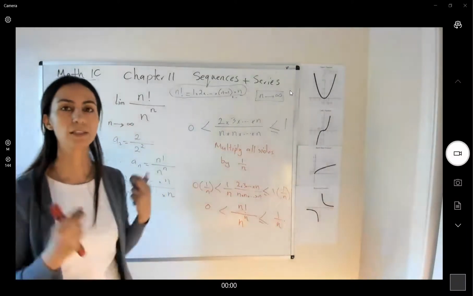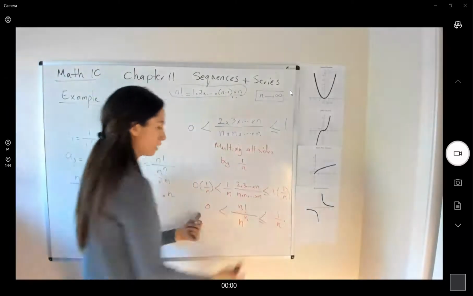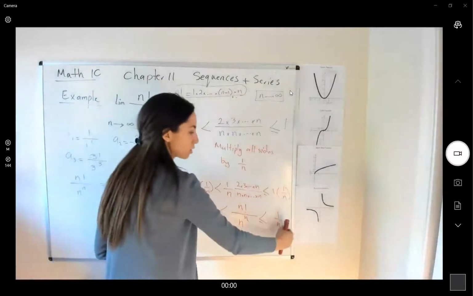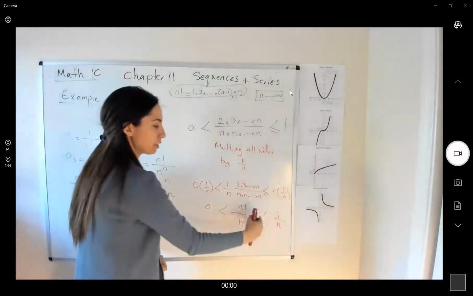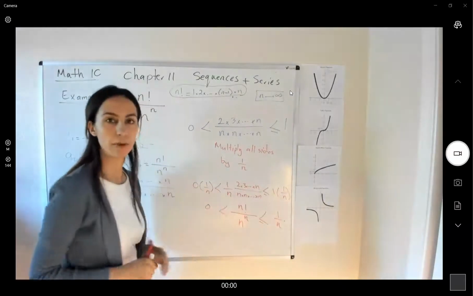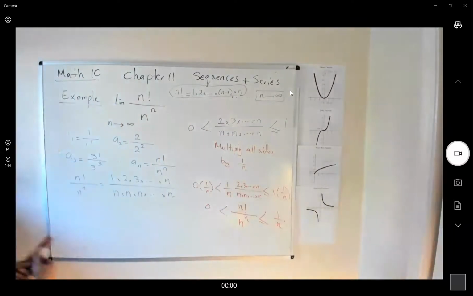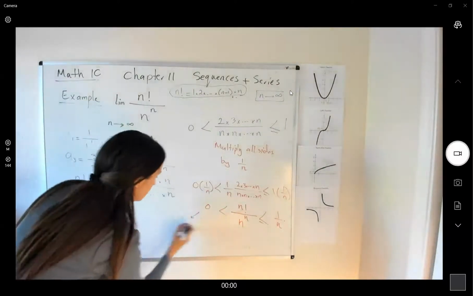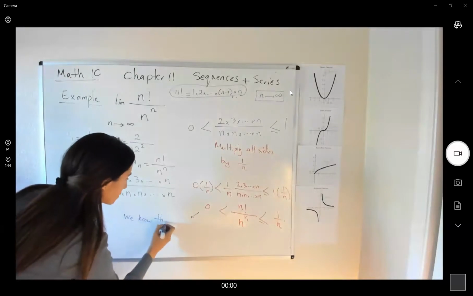Okay, the squeeze theorem says, if I have the limit of the outside functions, 0 and 1 over n, and they are equal to each other, the limit of the function in the middle must be equal to the limit of these two functions. We know that.